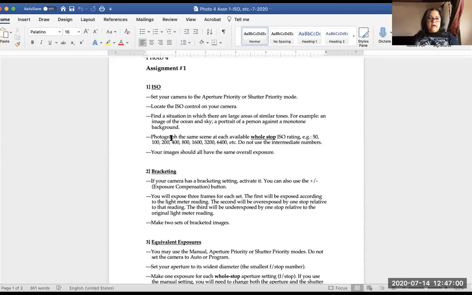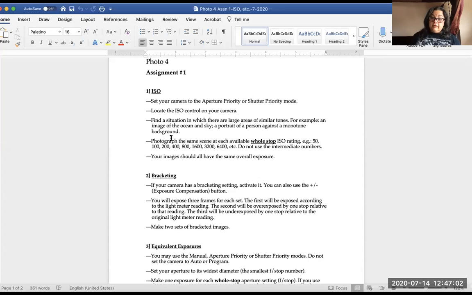So back to the assignment, ISO. For the ISO, I want you to go probably outside, but that's up to you. You'll find this easier if you do this outside. And I want you to shoot the same scene like 8 times, for however many whole stop ISO ratings your camera has.